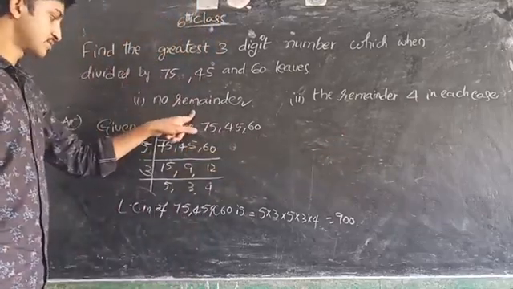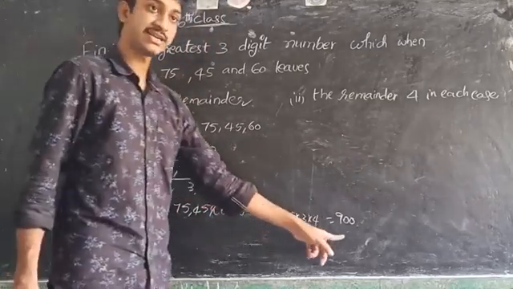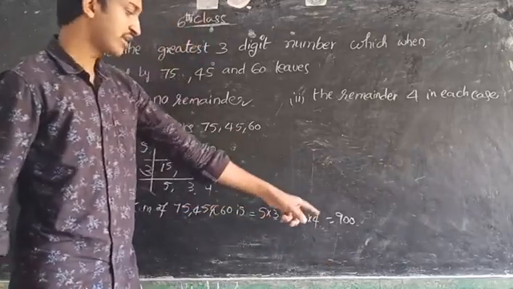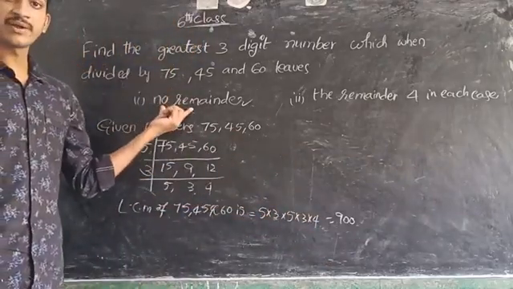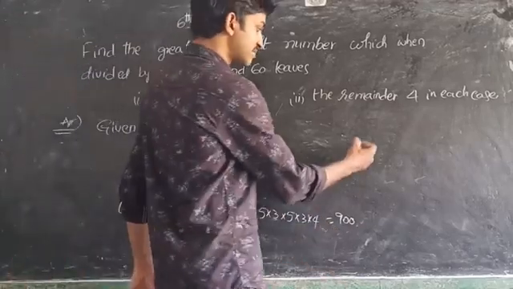No remainder. So this is the greatest three-digit number which, if you divide, leaves no remainder. No remainder means 0 as a remainder. So divide this number with 75.